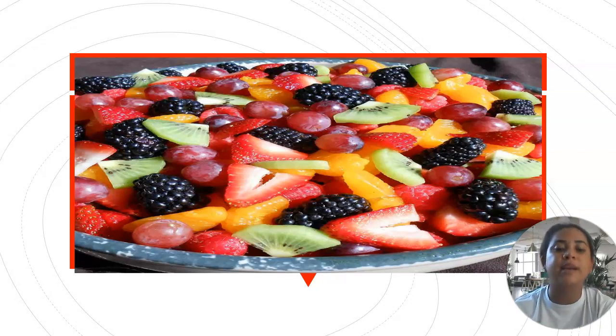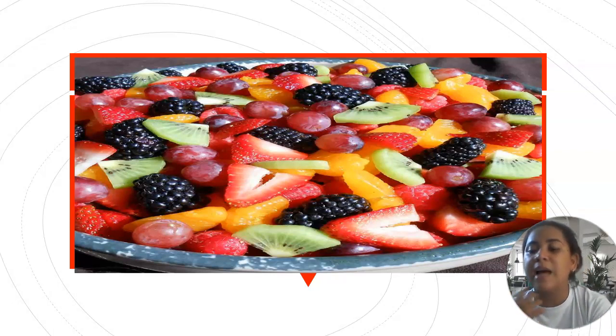Yes, grapes. Excellent. But these elements belong to a group. These have a name. What is the group? Bananas, apples, strawberries, blueberries, kiwis, pears, pineapples: fruits. Excellent, Isabella. The name of that group is fruits.